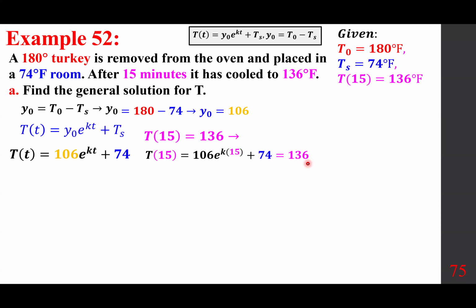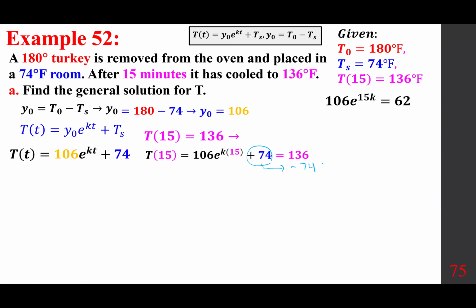We are solving for K. We are going to subtract 74 from both sides, resulting in 62 on the right.